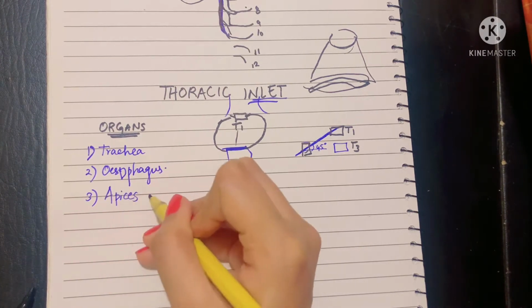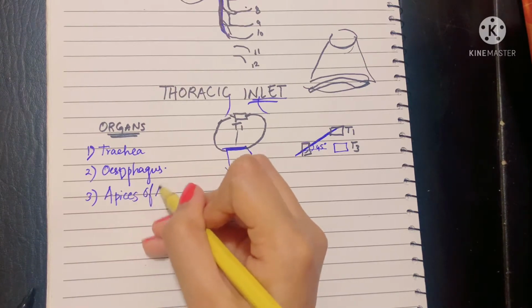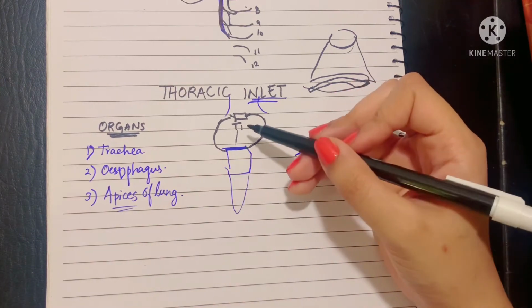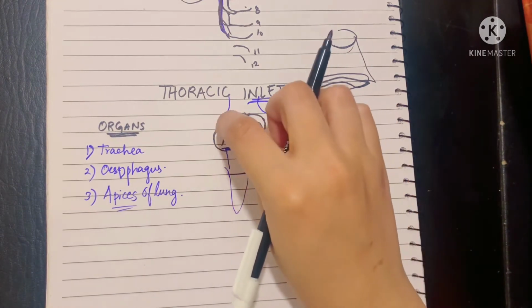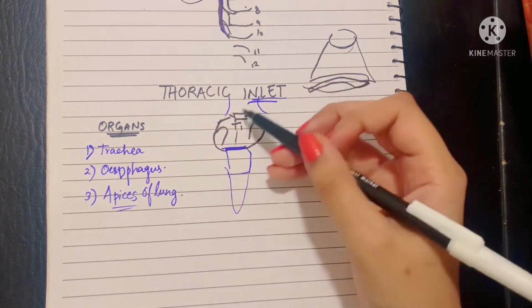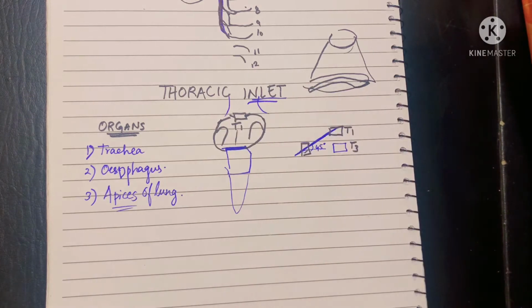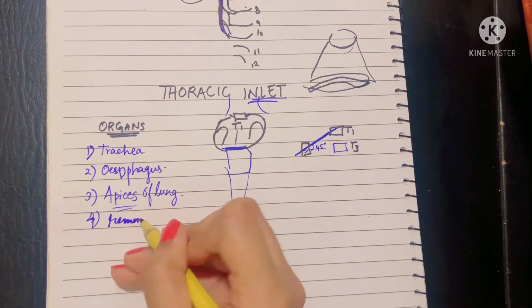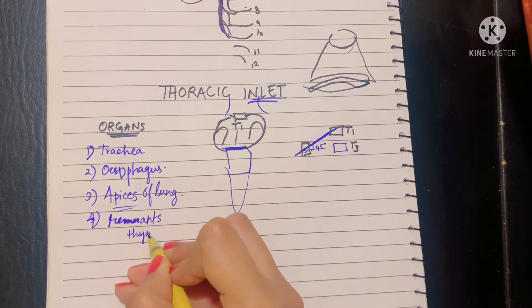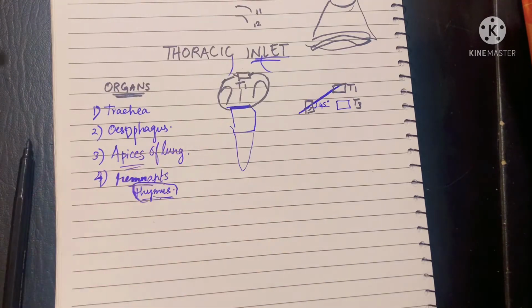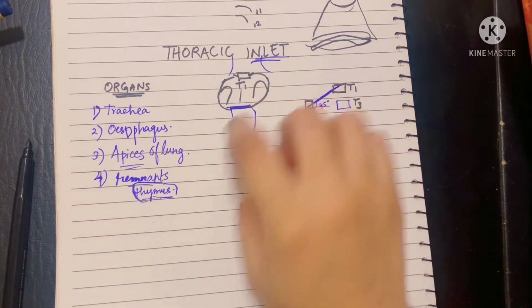The singular is apex of the lung and the plural is apices. The lungs have an apex which crosses the inlet of the thorax. Then we have the remnants of your thymus gland, which was your lymphoid organ. These were the main organs passing through the thoracic inlet.